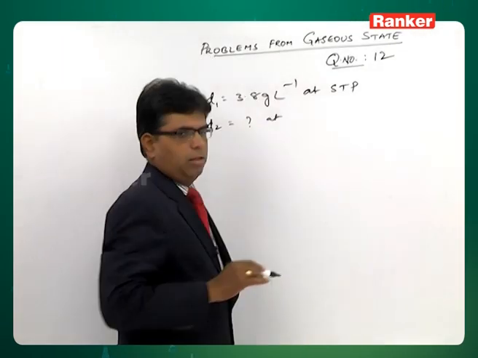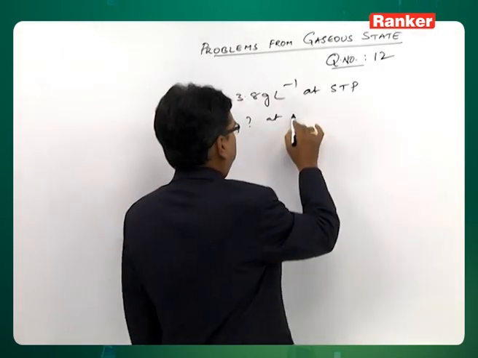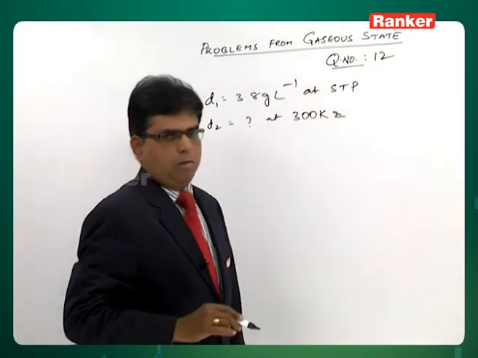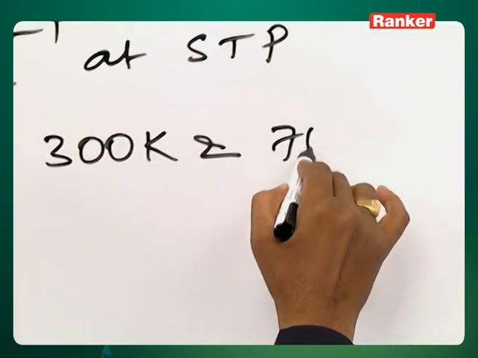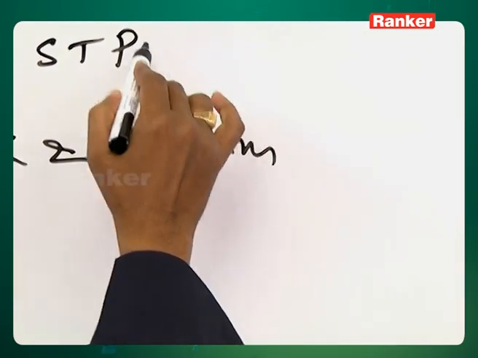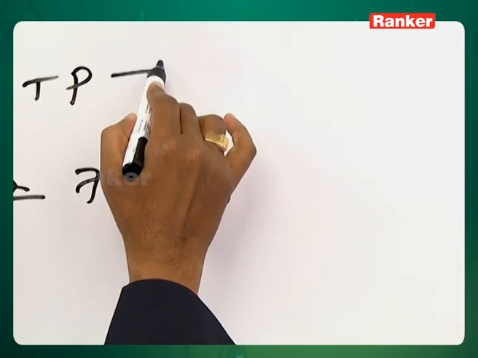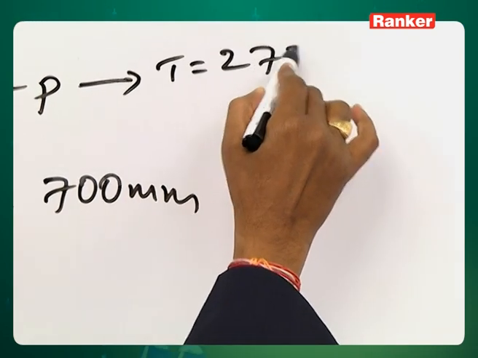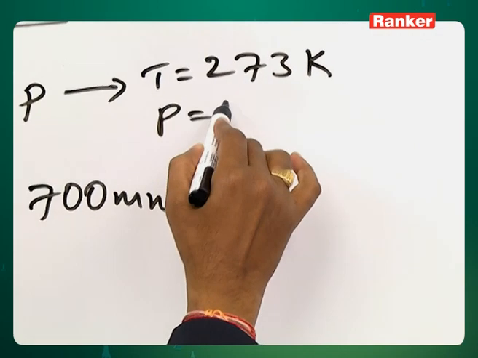The conditions given are 27 degrees Celsius, that is 300 Kelvin, and the pressure is 700 mm. Here STP means you know that the temperature is 273 Kelvin and pressure is 760 mm.